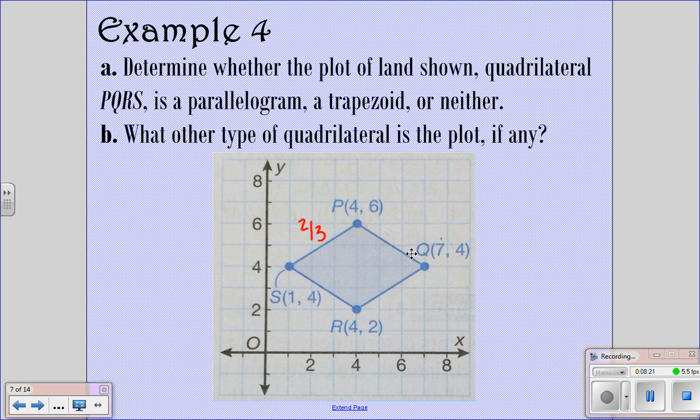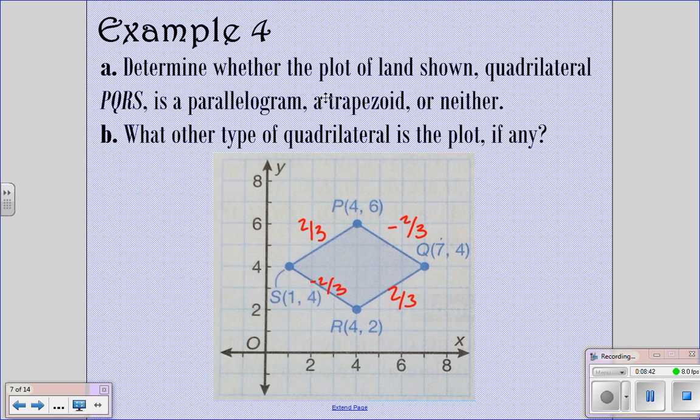Going from P to Q, we're going to go up 2 and over 3, so that's a -2 over 3. Going from R to Q, we're going to go up 2 and over 3. And then from R to S, up 2 and to the left 3, so -2 over 3.